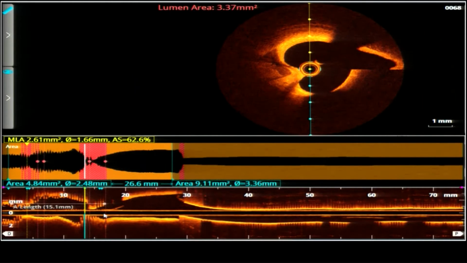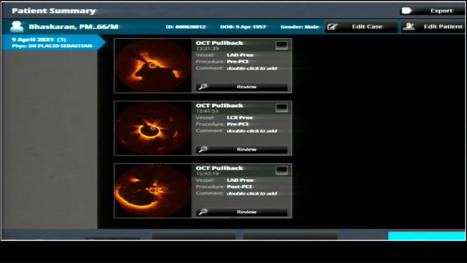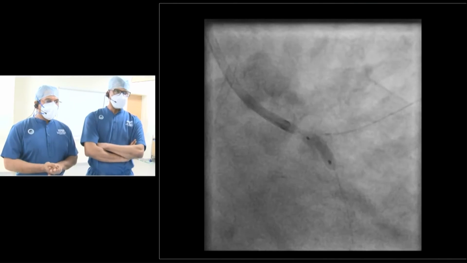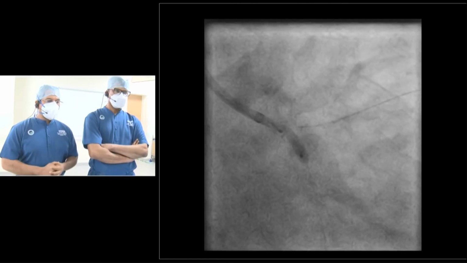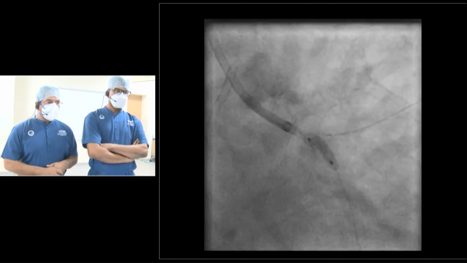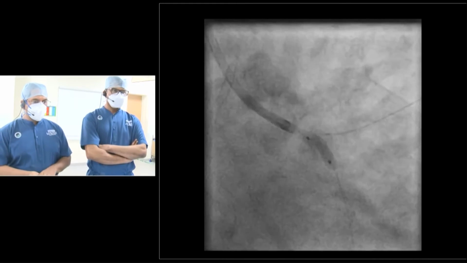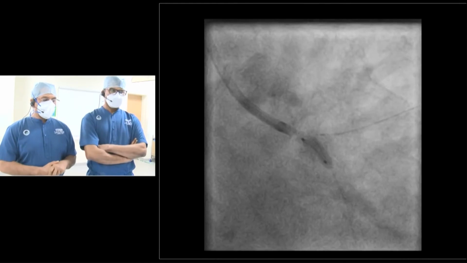So with that, we thought two-stent strategy is the better choice, and we decided to go for a DK crush because studies have shown DK crush is the best treatment option. We wired both the LAD and circumflex with a floppy wire, and pre-dilated the circumflex ostium with a 2.5 into 12 NC balloon.